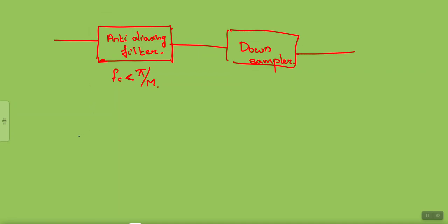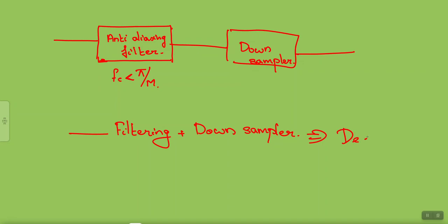And this process, filtering plus the downsampler, is termed as the decimator.